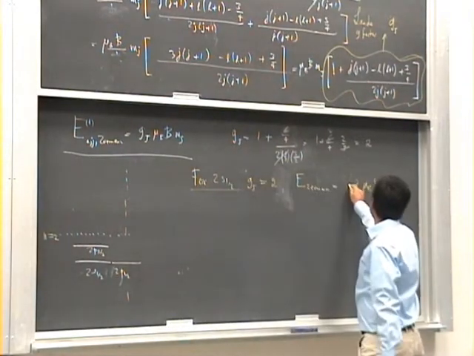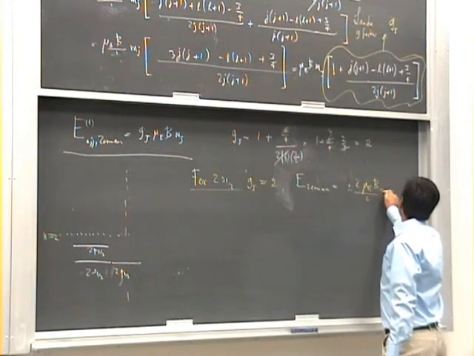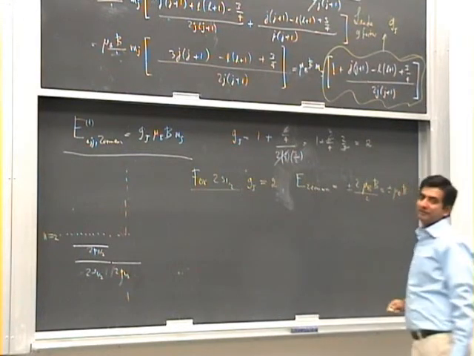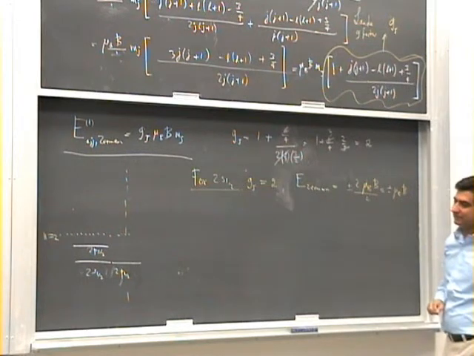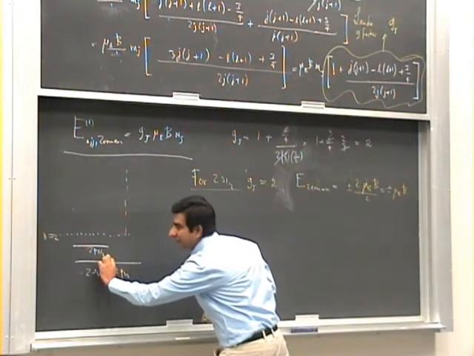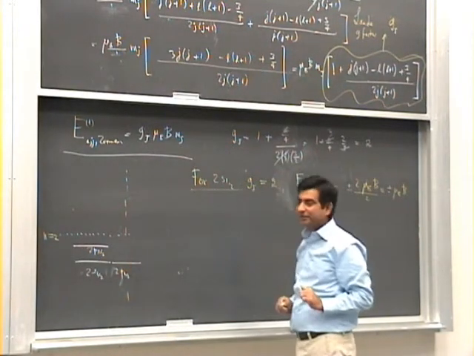So you get plus minus half, which is plus minus mu B B. So this level is going to be split into two by the application of a weak magnetic field.